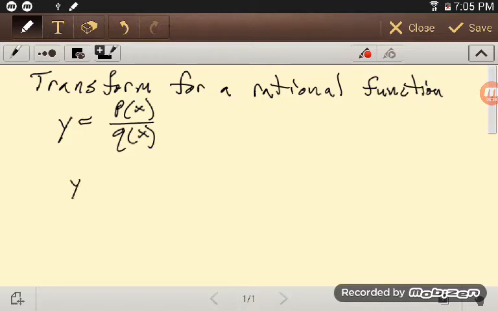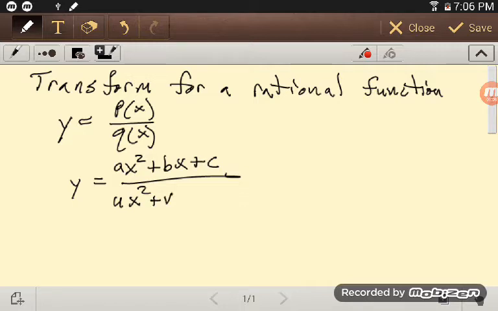So suppose I had y equals ax squared plus bx plus c over, let's see, I don't want to use d, e, and f, so I'll use u, v, and w, something like that, over u x squared plus v x, it's just x, plus w. So I have these 6 constants I'm going to try to figure out.